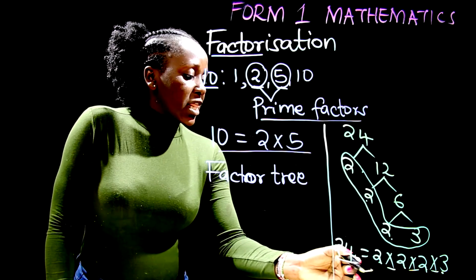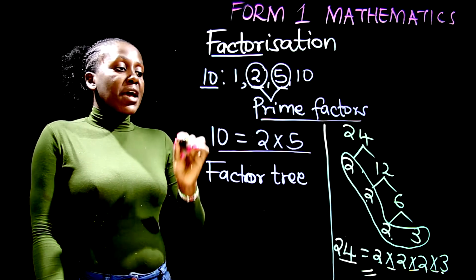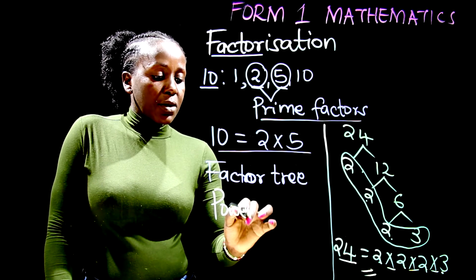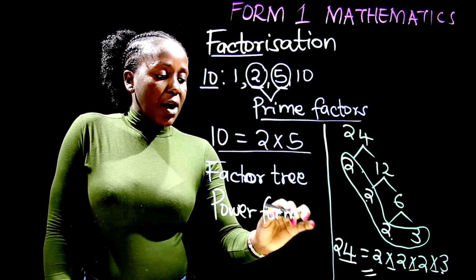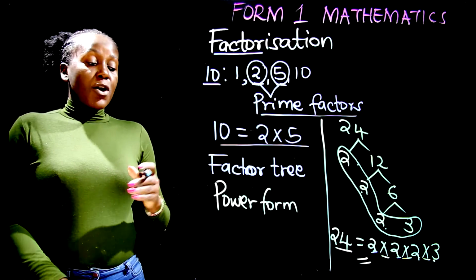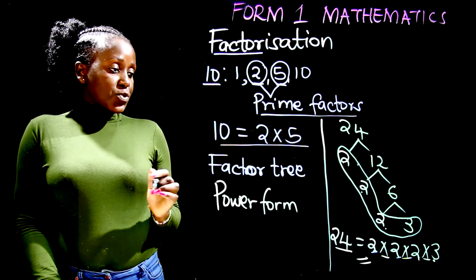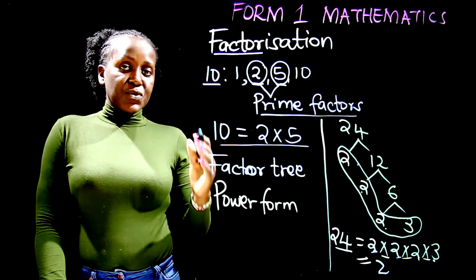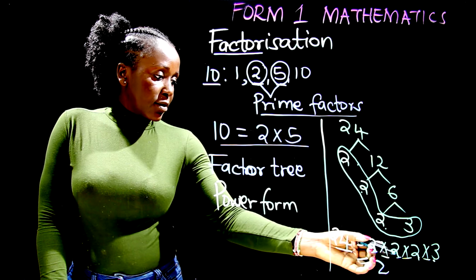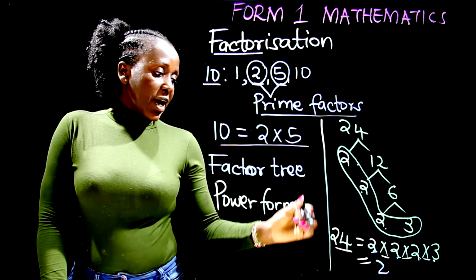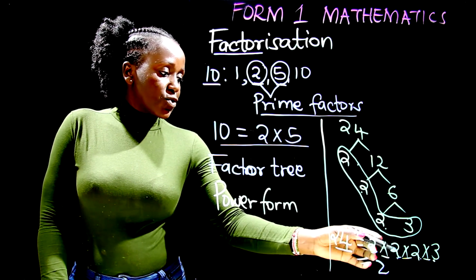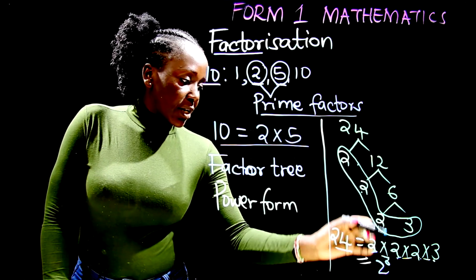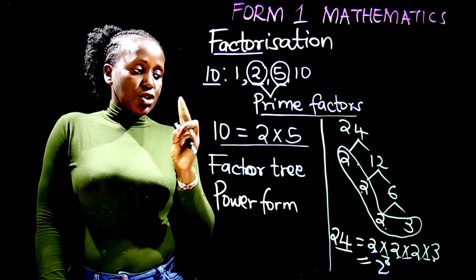Now, this product can be expressed in something we call the power form. The power form of 24 will be equal to, so we count, we have 2, then how many 2's do we have? 1, 2, 3. So we can write 2 times 2 times 2 in power form as 2 power 3 because we have 3 2's.